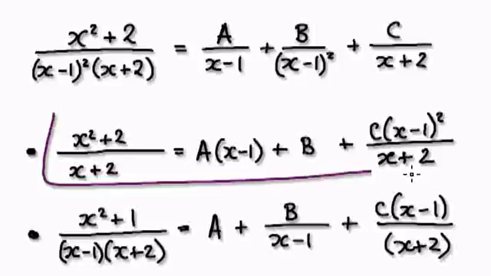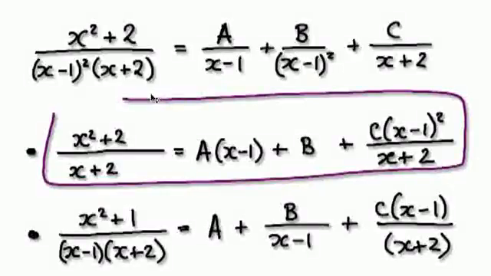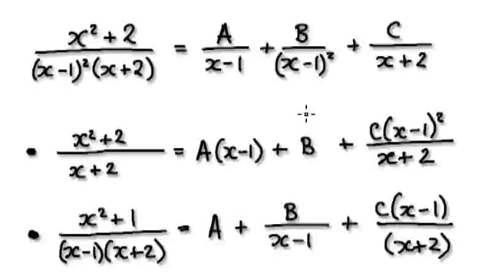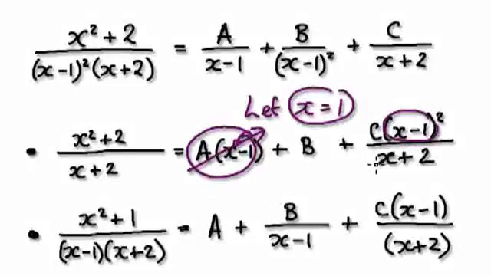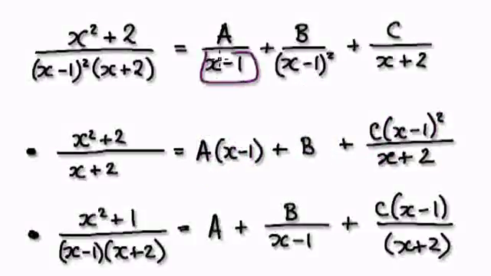Okay, and then when you get to this stage, you can let x equals positive 1. So if you let x equals positive 1, then this thing here disappears, and then this thing here will disappear, leaving you B.